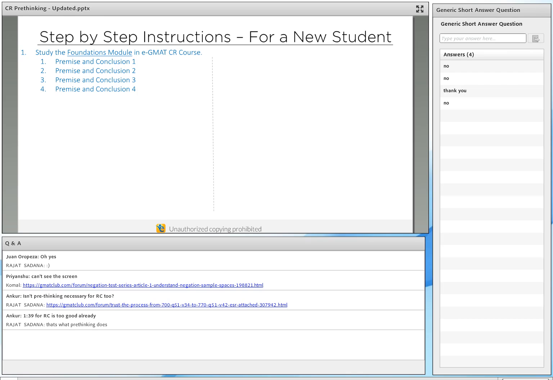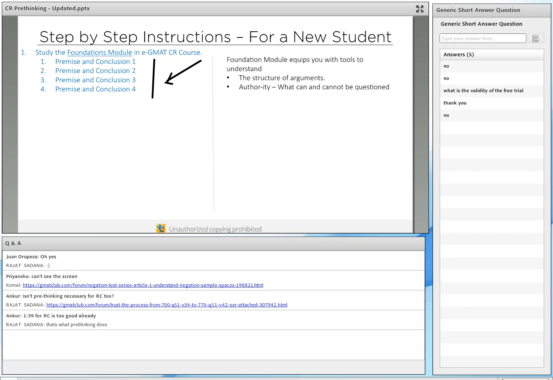Okay, so if you're a new student, make sure you go through the course in a logical fashion where you build a foundation towards understanding, hey, what is an argument? Then you go through each of the core modules in order, where you start with inference, then you go into assumptions and evaluate, strengthen, weaken.